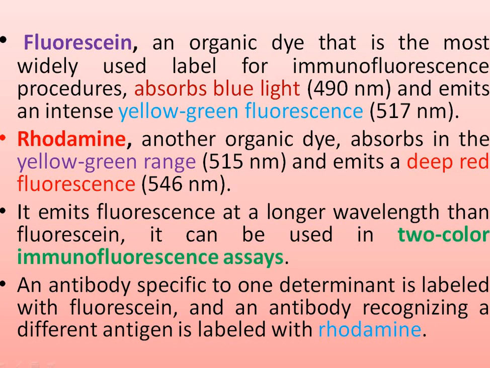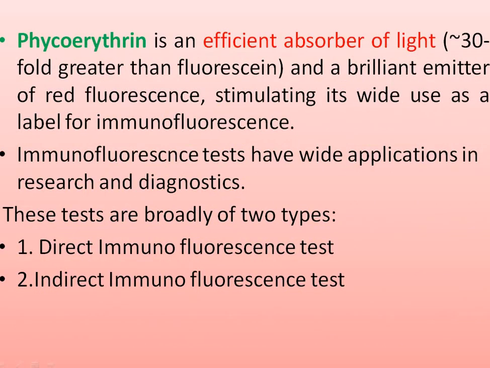Rhodamine, another organic dye, absorbs in the yellow-green range at 515 nanometers and emits a deep red fluorescence at 546 nanometers. It emits fluorescence at a longer wavelength than fluorescein, so it can be used in a two-color immunofluorescence assay. An antibody specific to one determinant is labeled with fluorescein, and an antibody recognizing a different antigen is labeled with rhodamine.